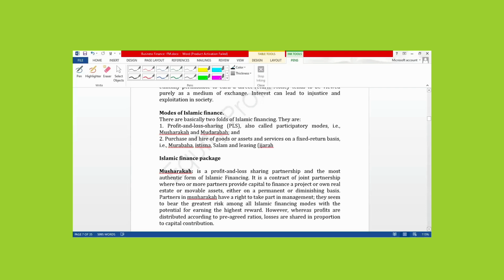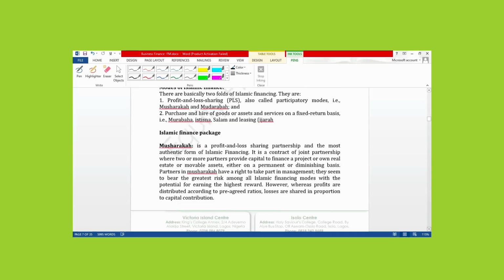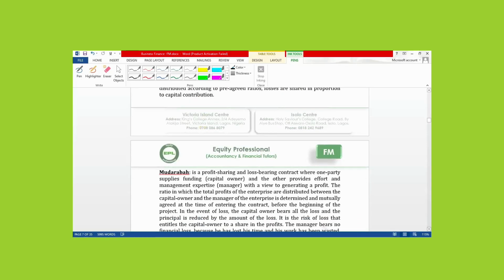The Islamic bank and the customer go into partnership to finance a business. When the business generates profits, both share the profit. Where the business incurs losses, both share the loss. In this case, no interest. So to generate returns, an Islamic bank can go into Musharaka financing.